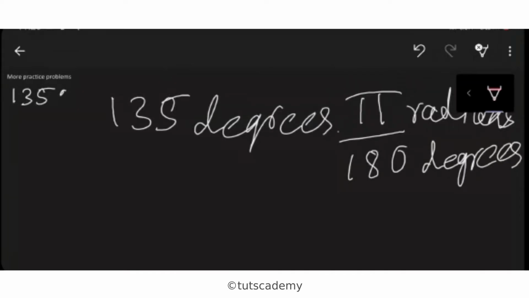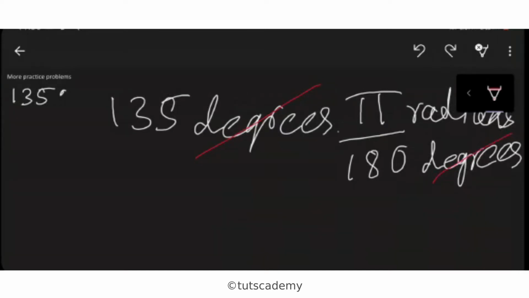As you can see, we can cancel out some things. I'm just going to use the red color to mark it properly. Now we can cancel out the degrees, and then we will be left with 135 pi over 180 radians.